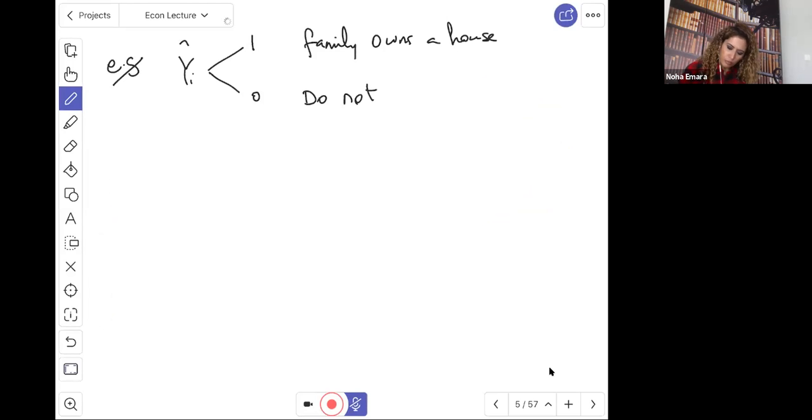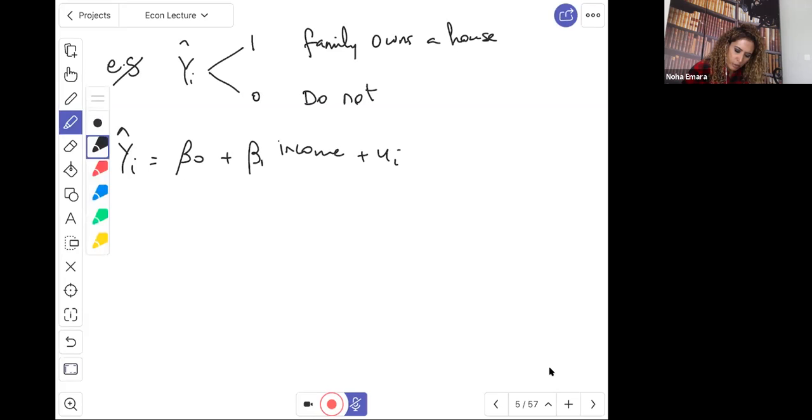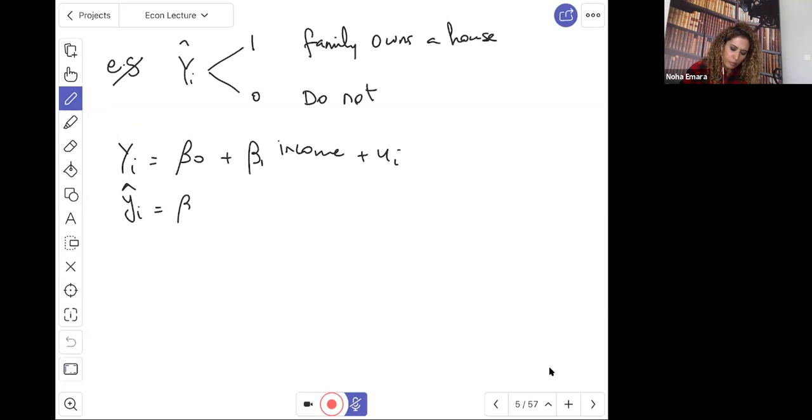So you have a regression: yi is equal to beta naught plus beta 1 income plus ui, and this is your regression model. Let's keep it without the hat for now because it's the population regression line, and you actually want to estimate it. And you get your estimated regression line.